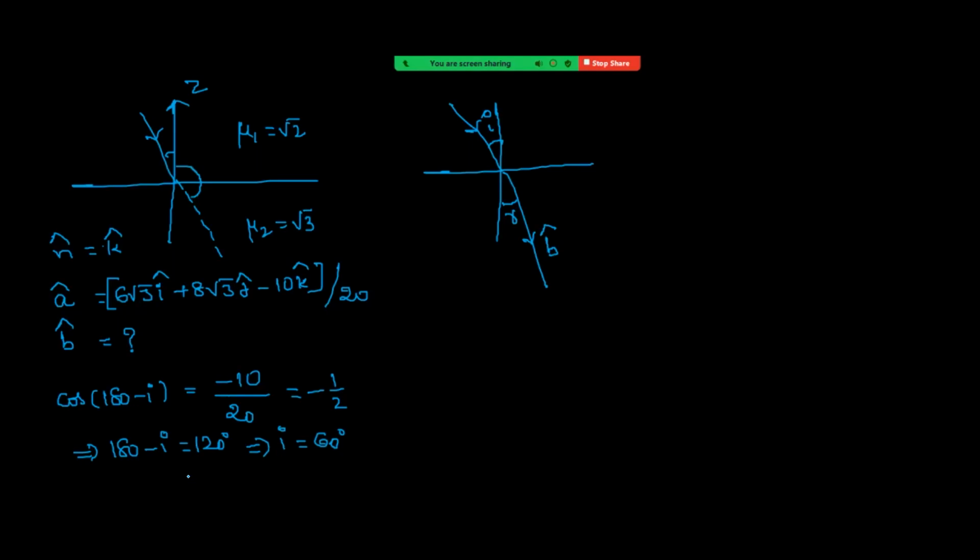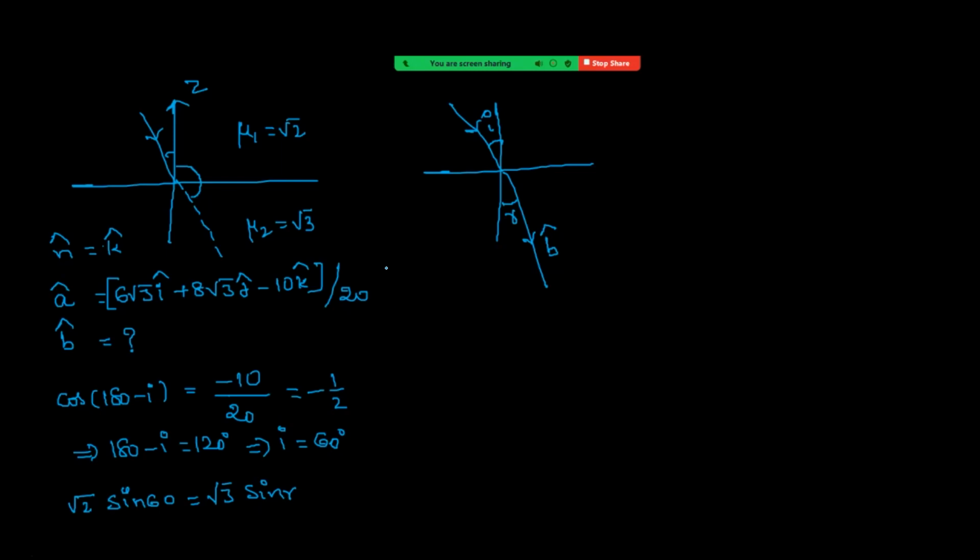Now take Snell's law to find the angle of refraction. Okay, mu 1, that is root 2, sin i, sin 60. Mu 1 sin i is equal to mu 2 sin R. The R value we have to find out. Sin 60 is root 3 by 2, right?